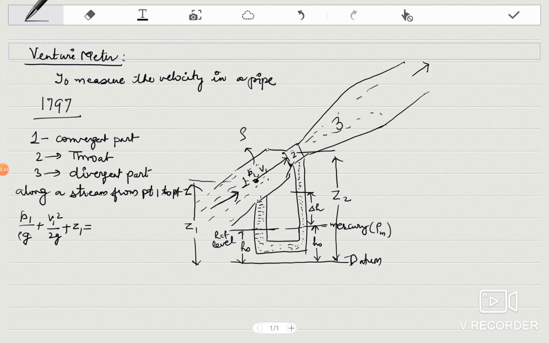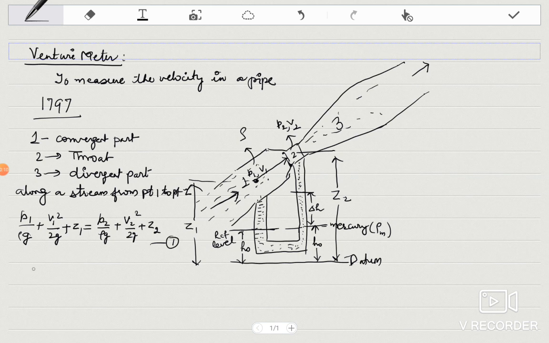At point 2, P2 is the pressure and V2 is the velocity. So for this, P2 by rho g plus V2 square by 2g plus Z2, because its height from the datum is Z2. Now solving it, we can find, or I say take it 1.